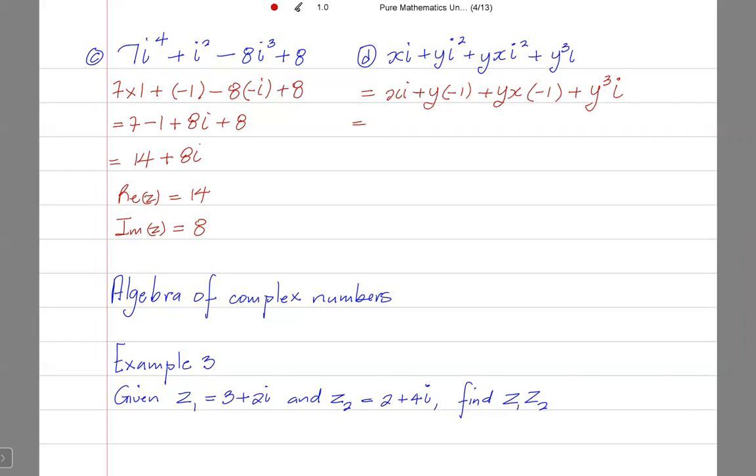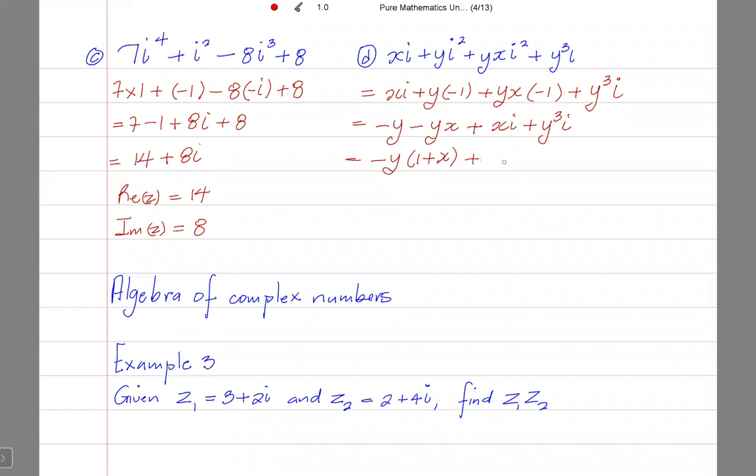This becomes minus y minus yx plus xi plus y cube i. If I want to, I could do some factorization. I probably don't have to over the left-hand side, but if I wanted to, I could. So I could be minus y, 1 plus x.